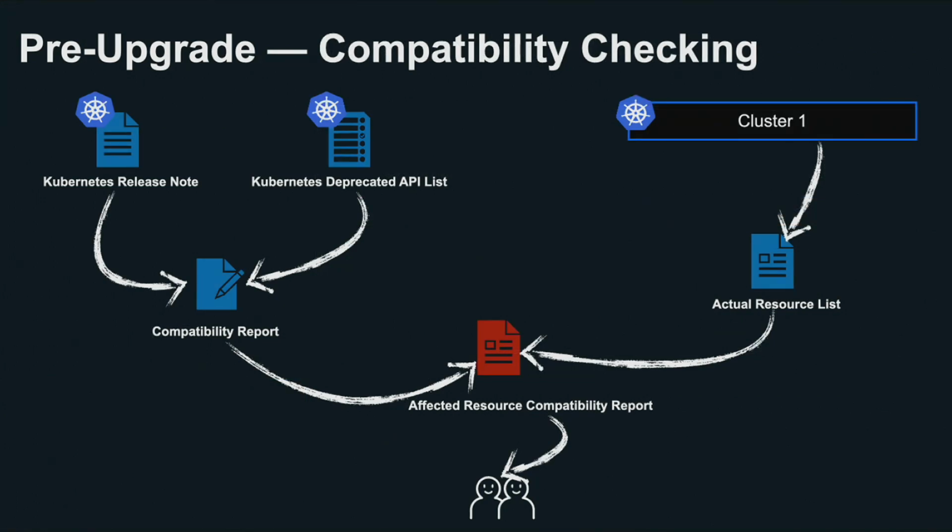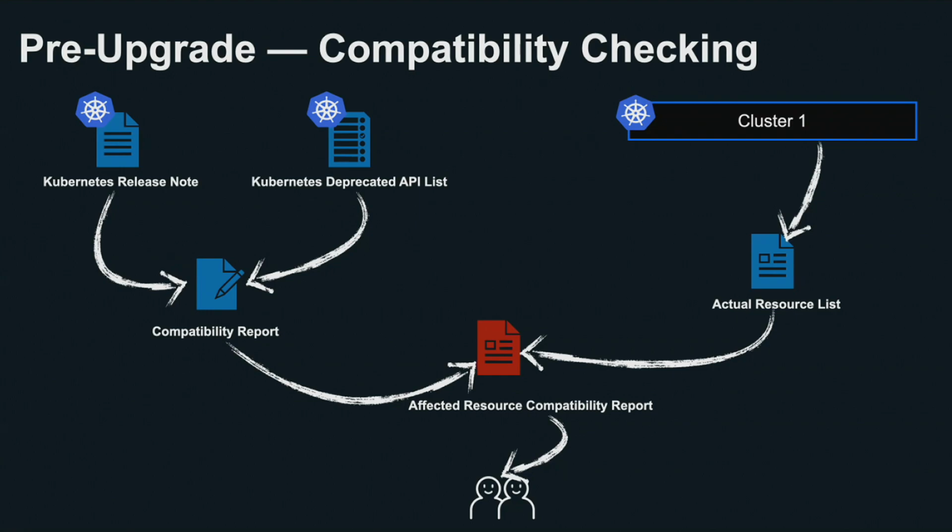The second new feature we implemented in the upgradable checking part is the compatibility checking. When we plan to provide a new version, we usually get the compatibility changes from the change log of the new version and the deprecated API list in the Kubernetes official document. Then we convert them into a compatibility report in JSON format manually.